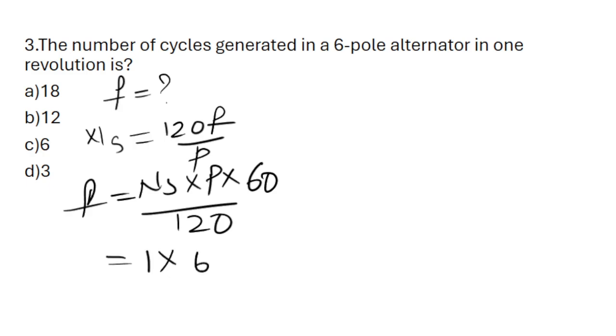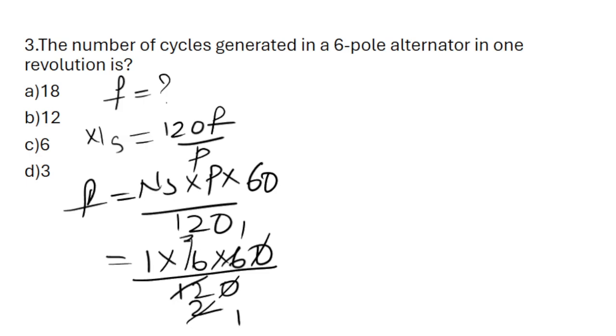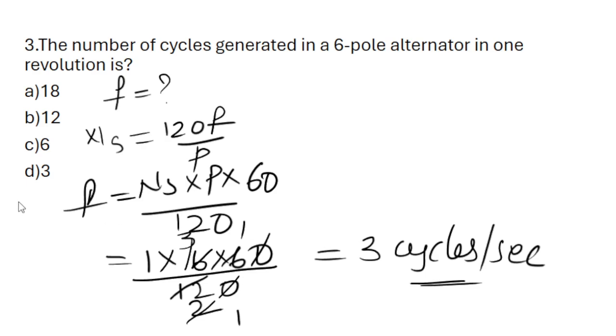So f is equal to 1 into 6 into 60 by 120. 0 cancel out. 6 ones are 6, 6 twos are 12, 2 ones are 2, 2 threes are 6, 3 ones are 3. So here f is equal to 3. Frequency is in rps. So here 3 cycles per second is generated. So option D is the correct one here.